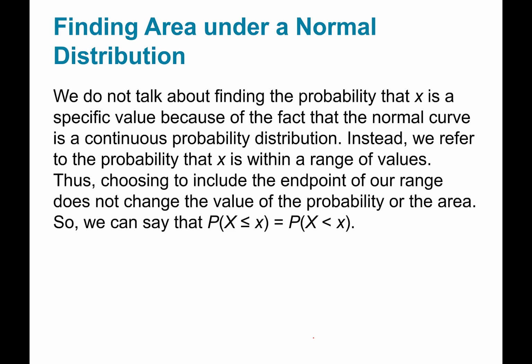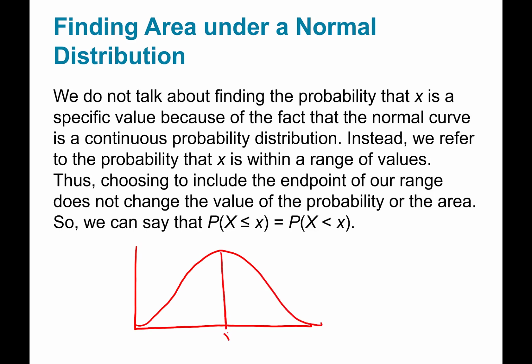What we don't talk about is the probability that X is equal to a specific value, because our normal distribution is a continuous probability distribution. So if you think about finding area underneath at one specific value, let's just say I want to find it at this value x, you can think of it as approximating this by a rectangle that's as wide as the interval you're looking at.